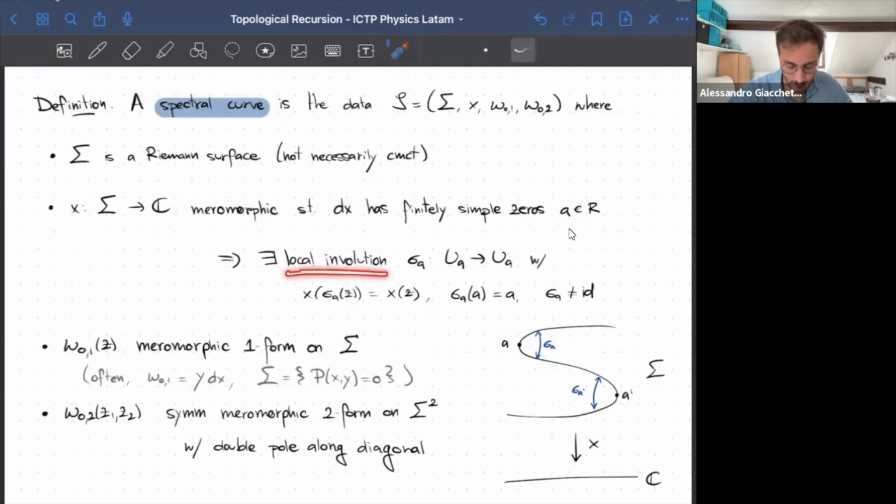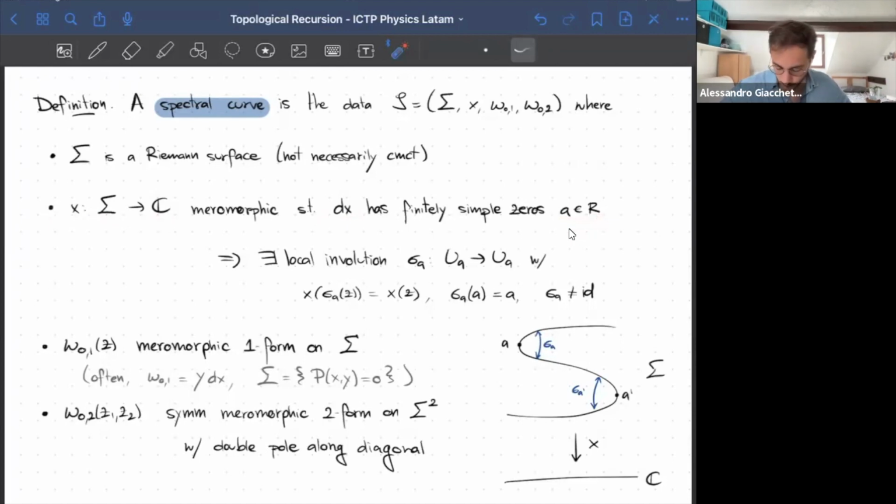And so because of that, you can see that there exists an involution that I will call sigma A. And this is defined in a neighborhood of each ramification point A. So sorry, I will call the set of simple zeros of x the set of ramification points, because you can see them as ramification points for the function x.